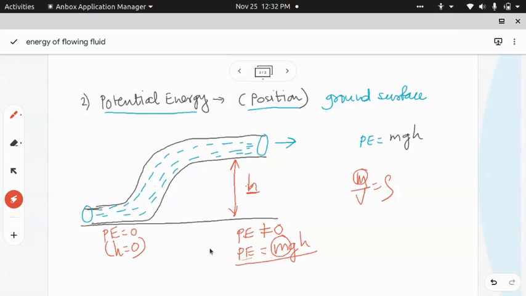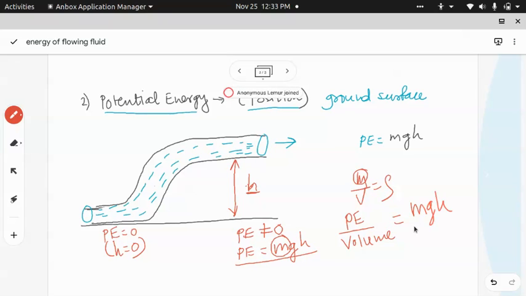How is it? We did the same in the previous energy also, that is kinetic energy per unit volume. So here you can also have potential energy per unit volume, that is PE upon volume, in order to get rid of this mass M. So what you have to do is Mgh divided by volume.